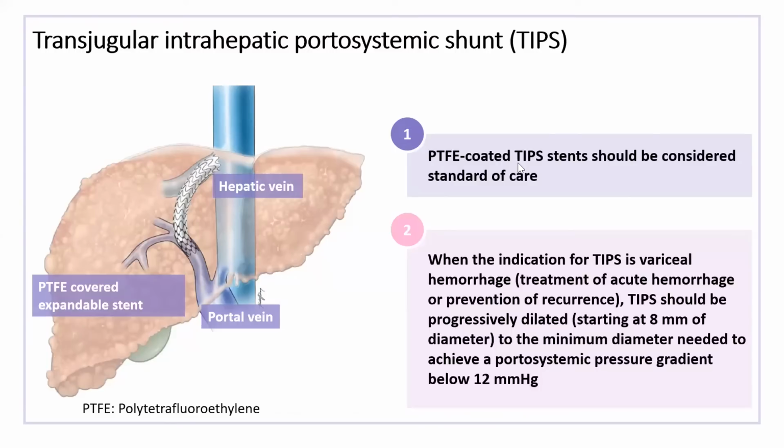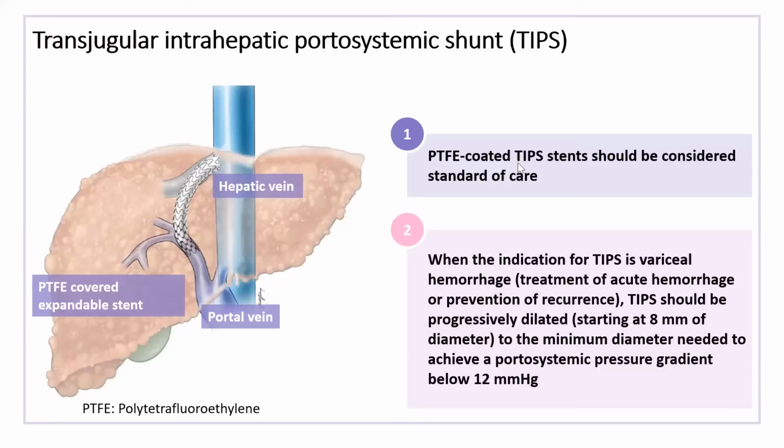When the indication for TIPS is variceal hemorrhage, which is either treatment of acute variceal hemorrhage or prevention of recurrence, the TIPS should be progressively dilated, starting at 8 millimeter diameter, to the minimum diameter required to achieve a portosystemic pressure gradient below 12 millimeters of mercury. This is a new advancement in the last 2 decades.